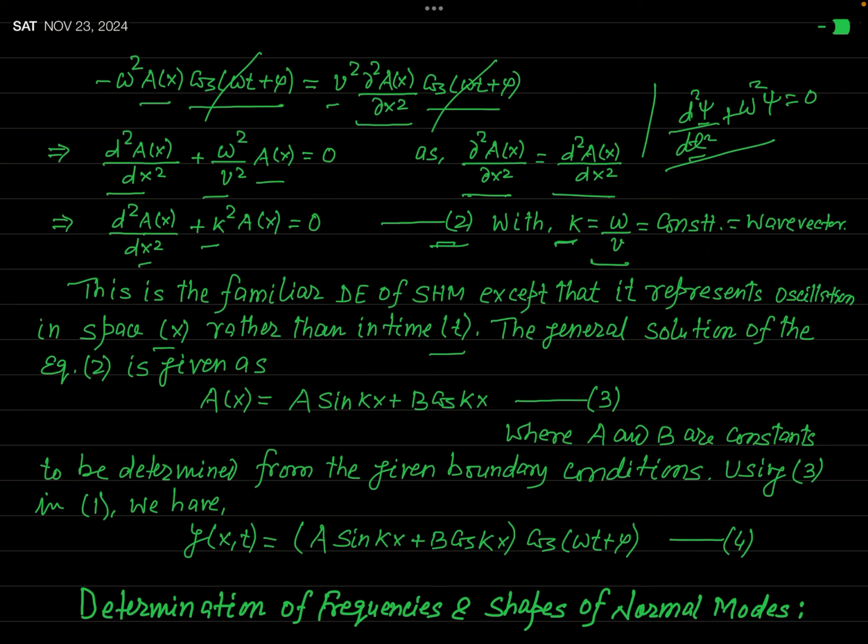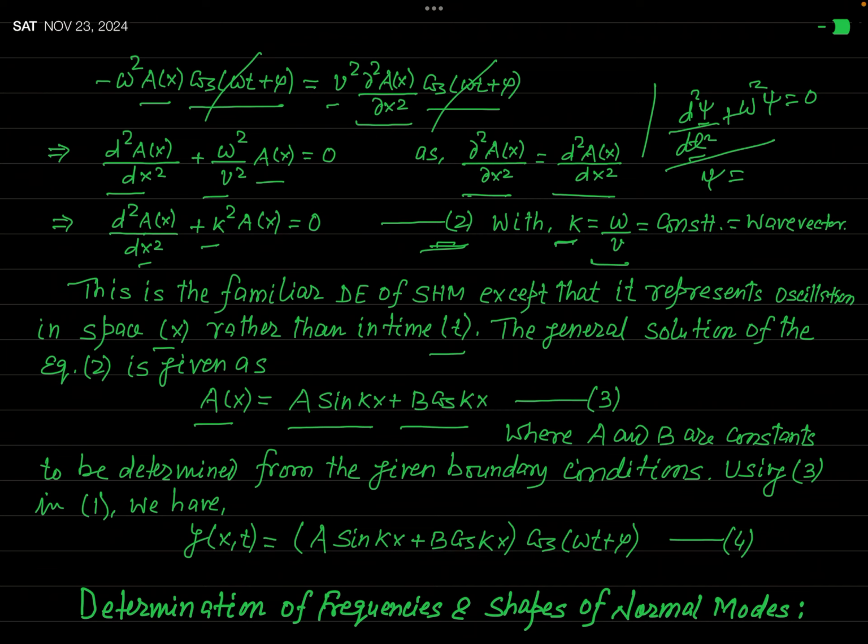You know, the most general solution for the equation of SHM is ψ = A sin ωt + B cos ωt. So in the light of that equation, you can write the most general solution of equation 2 in this form: A(x) = a sin kx + b cos kx.